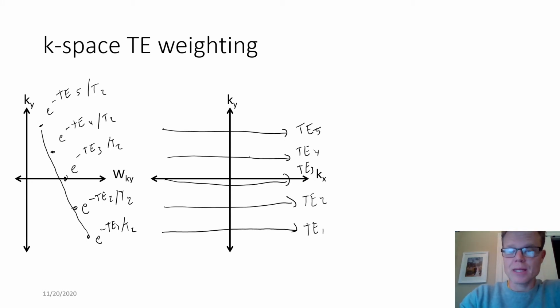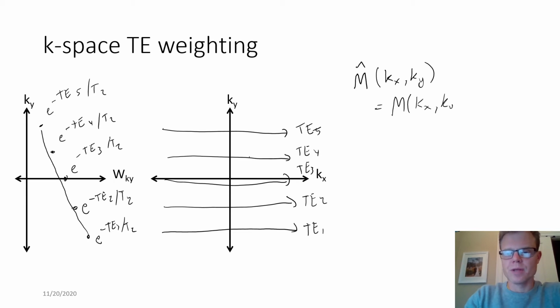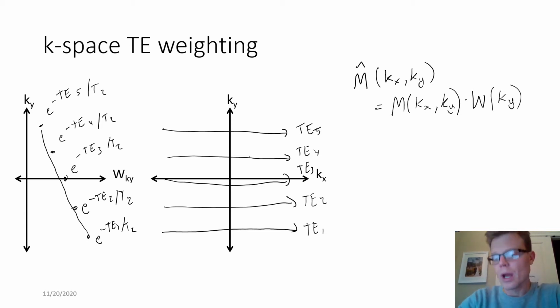So the K-space data that we get are capital M hat of, in this case for 2D, kx, ky, is going to equal our spatial frequency information, or our ideal K-space data, just capital M, but multiplied by this weighting function in ky.